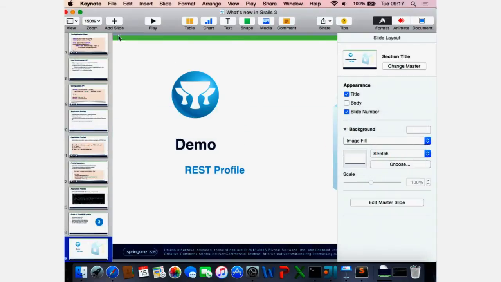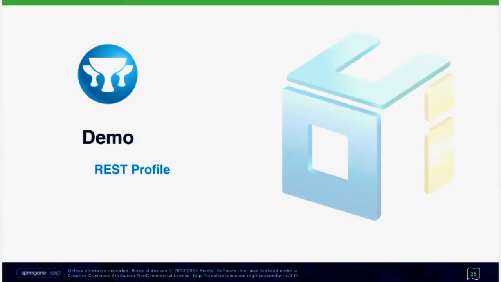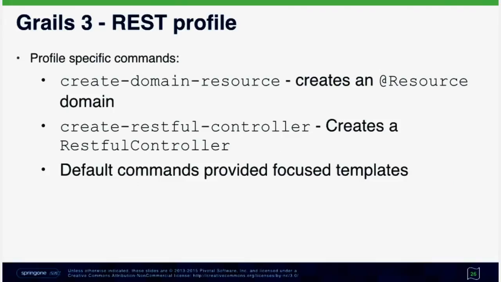So that's a brief demo of Grails 3.1 and the REST profile. So as you can see, in the REST profile, you get profile-specific commands, like create domain resource that creates an @resource domain, create RESTful controller, and you have more focused templates.